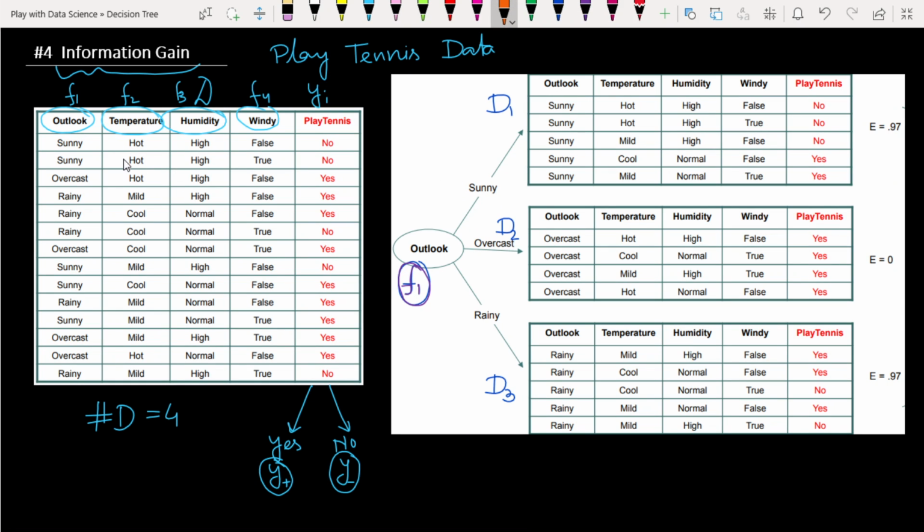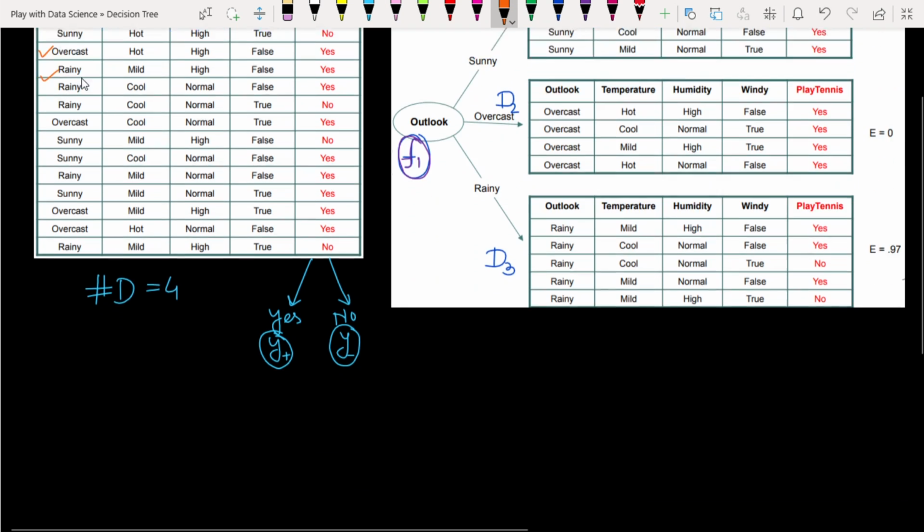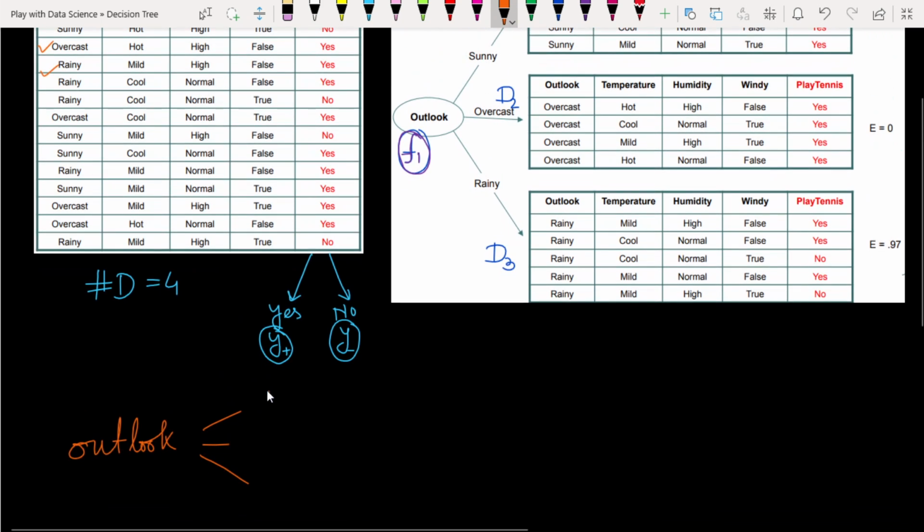How many categories are there in feature 1, outlook? Just see the outlook. There are three categories: sunny, overcast, and rainy. So for the outlook feature we have three categories: first is sunny, second is overcast, and third is rainy.